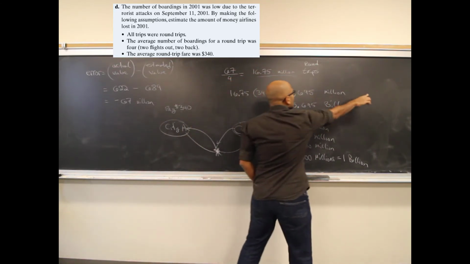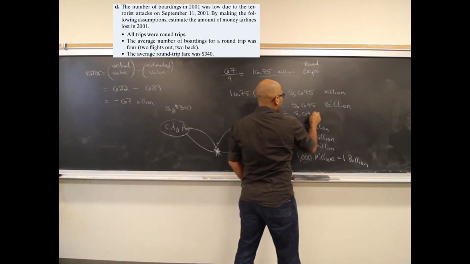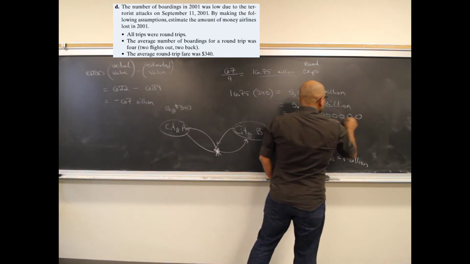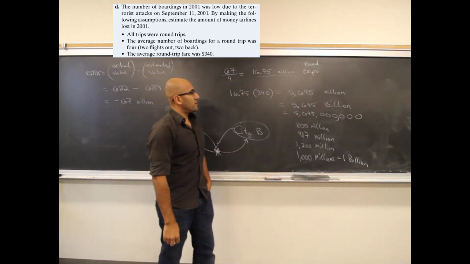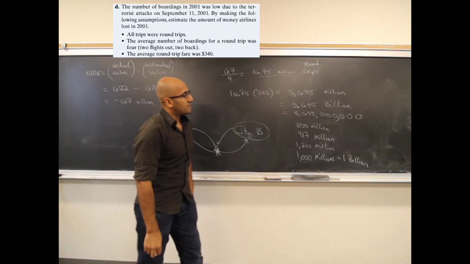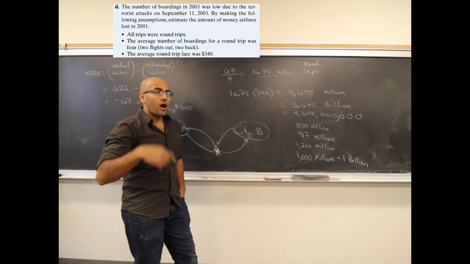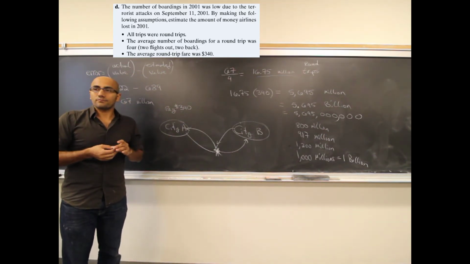We add the extra 6 zeros there, so it'd be 5,695 and 1, 2, 3, 4, 5, 6 zeros. That much. So $5,695,000,000 is the estimated amount of money that they lost due to lower traffic that year.